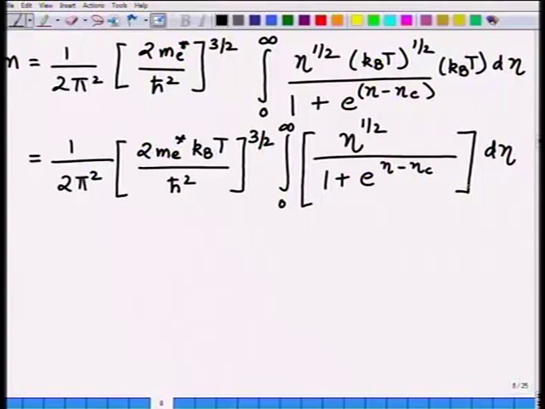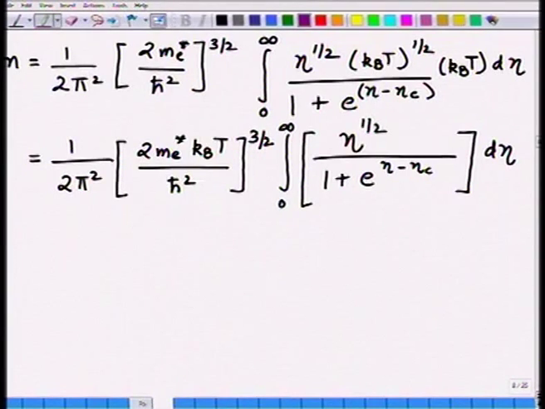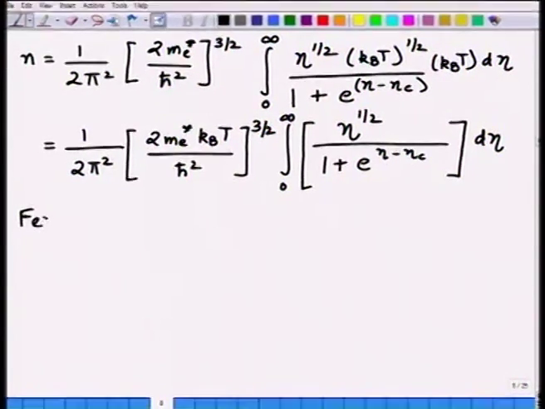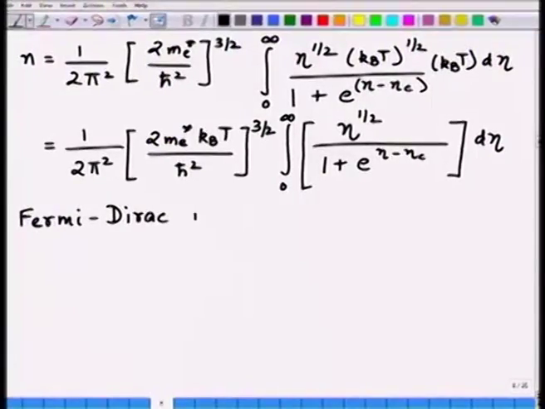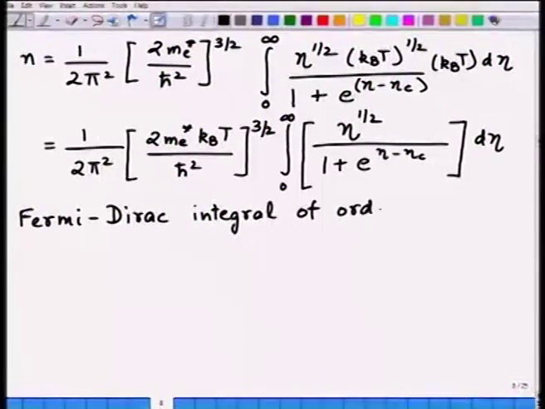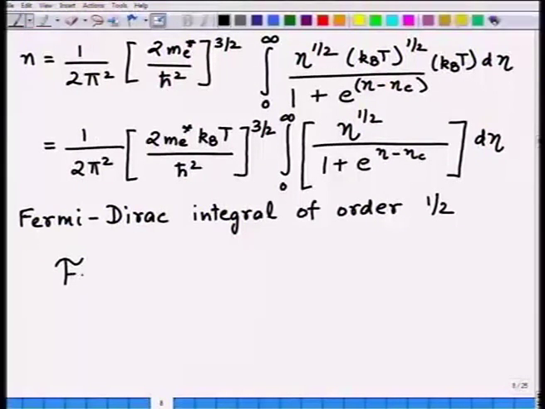This integration becomes like this. Now, let me introduce this Fermi-Dirac integral of order half as F of order half of parameter called eta c.